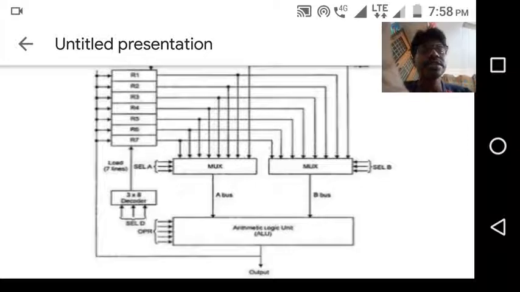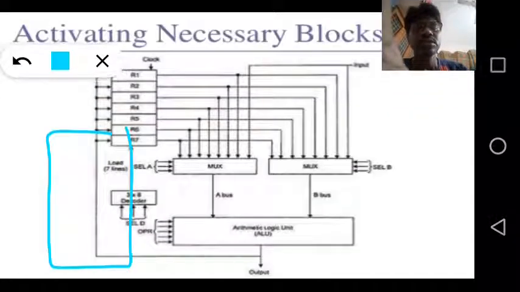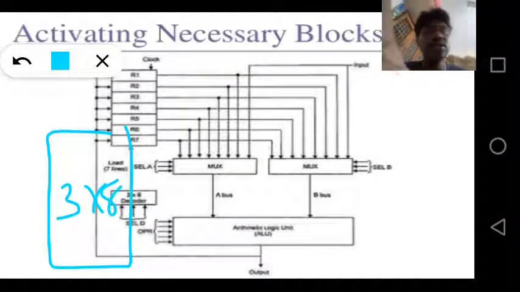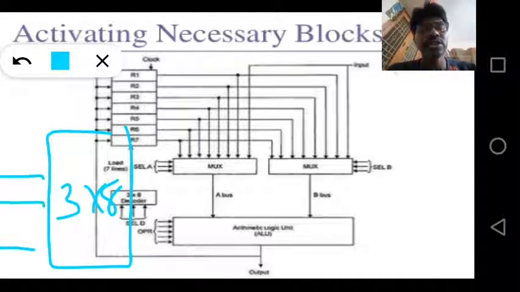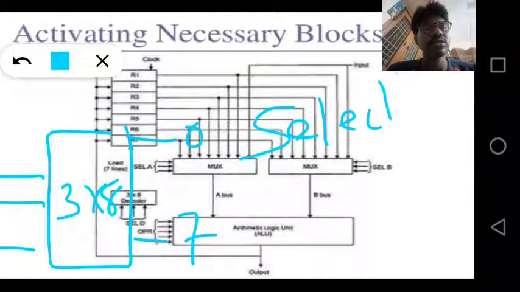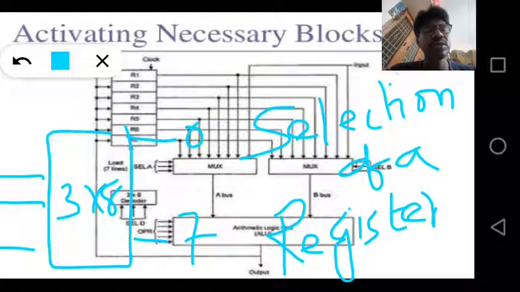The 3 by 8 decoder is used for selection of a register. The specialty of this 3 by 8 decoder is that it takes 3 inputs and any one of the outputs is on.